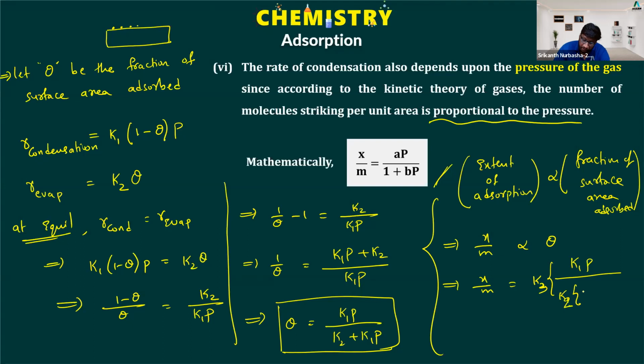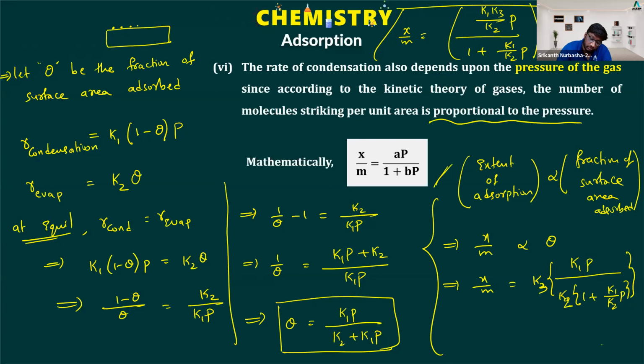So K2 constant, if I take K2 into 1 plus K1 by K2 P, that means x by m is equal to K1 K3 by K2 into P whole divided by 1 plus K1 by K2 P. This is nothing but some constant a into P divided by 1 plus some constant b into P, or not? Yes, sir. So that is how we can derive this equation.